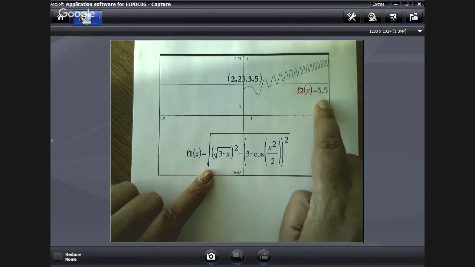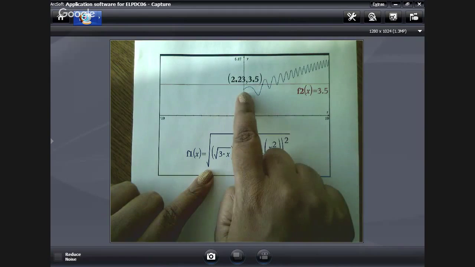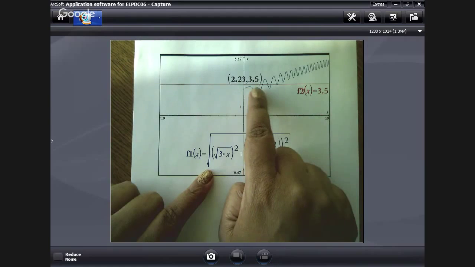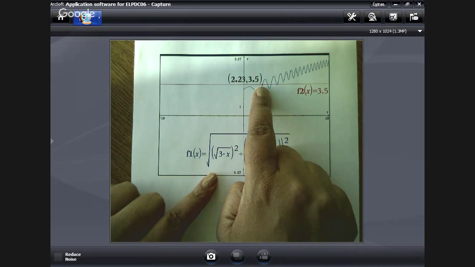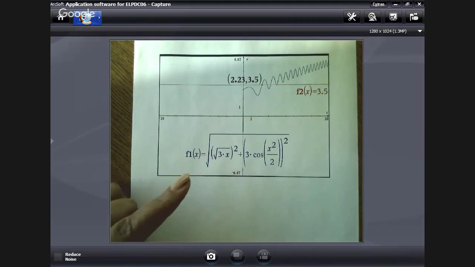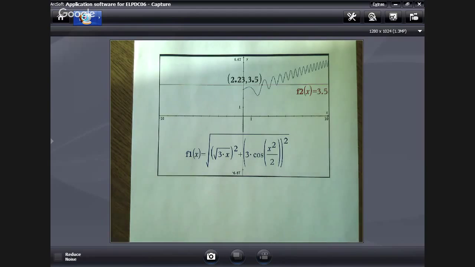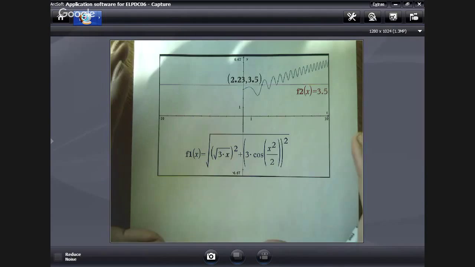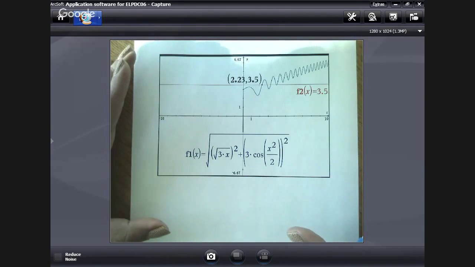The red line's 3.5. Notice that it intersects more than once, but the first time it intersects is here at about 2.23. I'm not going to be happy with 2.23 though. I need to make sure that I get that number to the correct number of decimal places. But I wanted to give you an idea of how to solve this.